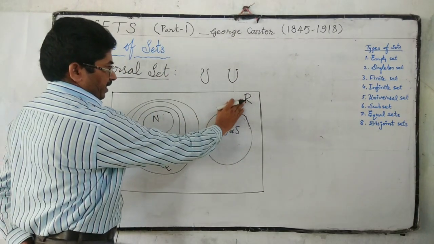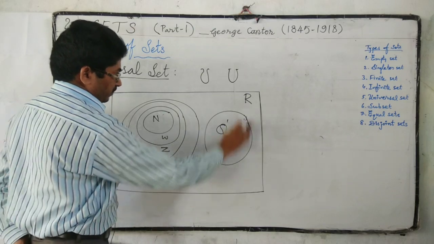So real numbers is the universal set here.